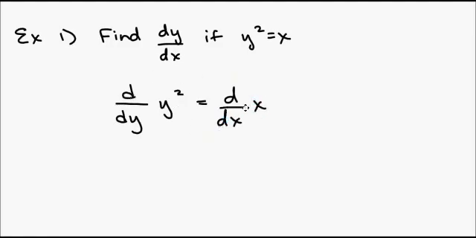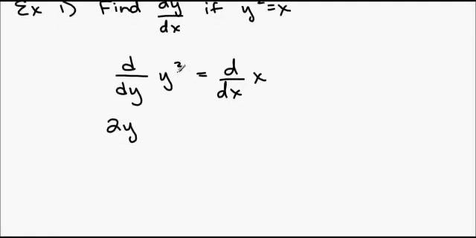Now, I know the derivative of y squared is just going to be 2y, but I'm not just going to say 2y, I'm going to use the chain rule. Imagine that y is not just a y, maybe it's a bunch of other stuff. So I'm still going to say times the derivative, whatever that may be, with respect to x.